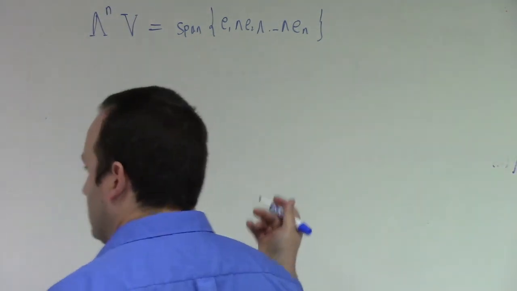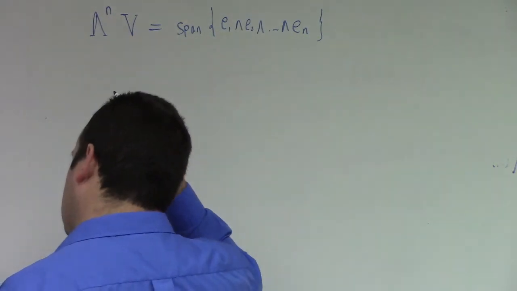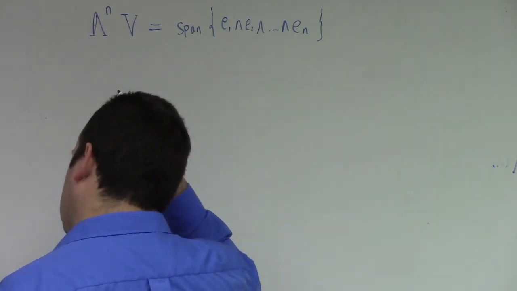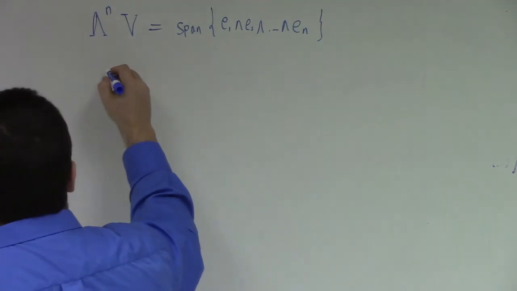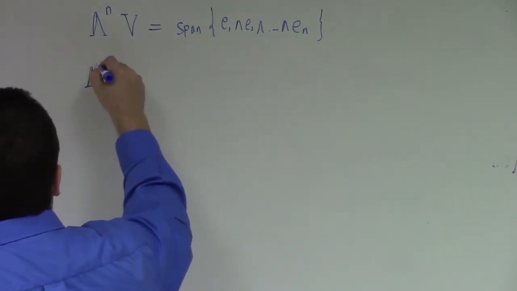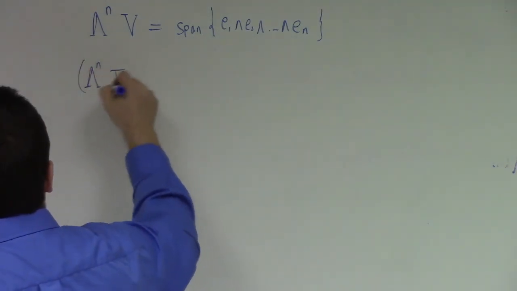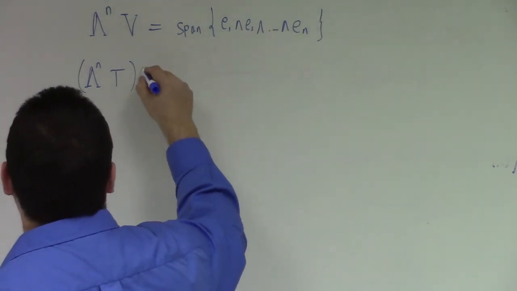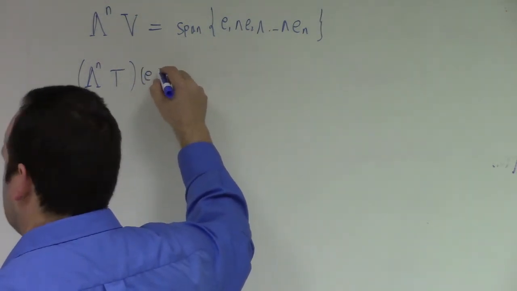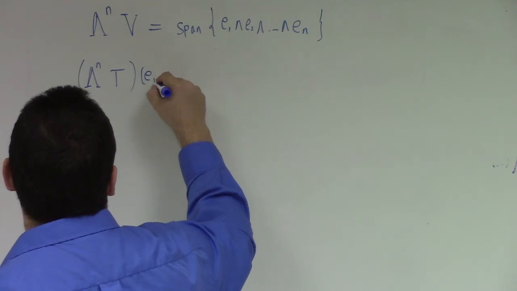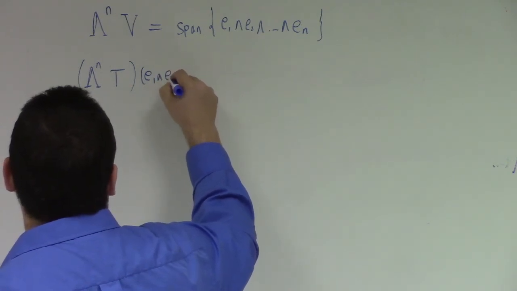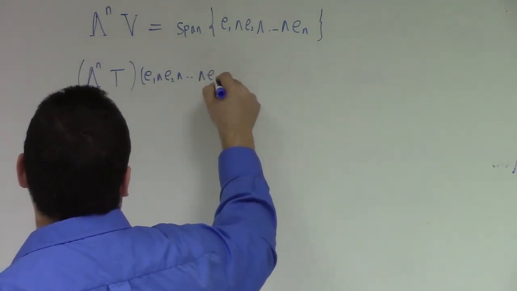So if you look then at the Nth exterior power of T acting on, say, E1 wedge E2 wedge ... wedge En, that's about all there is to work on.